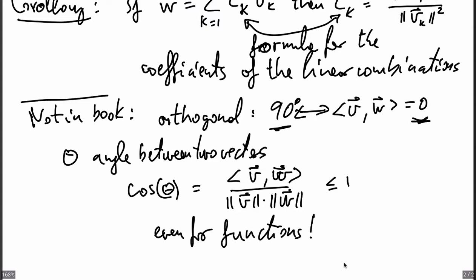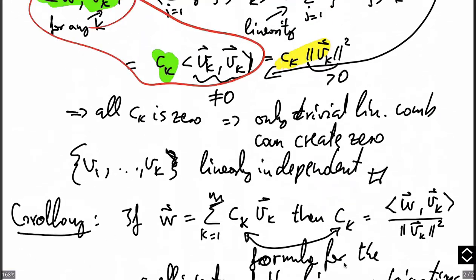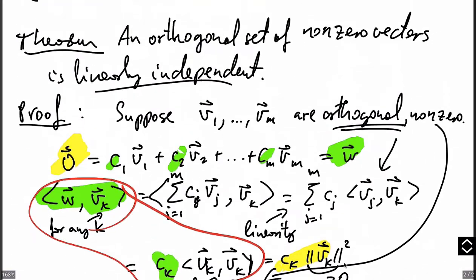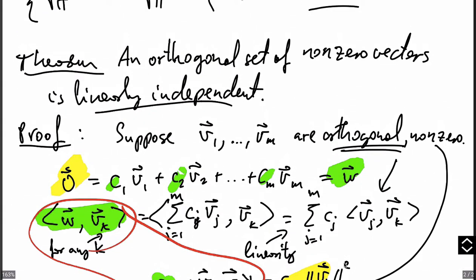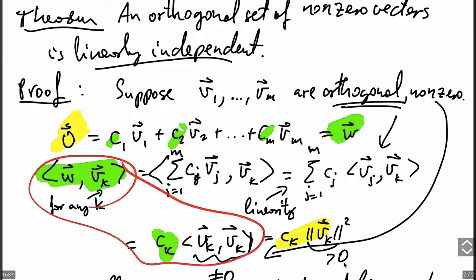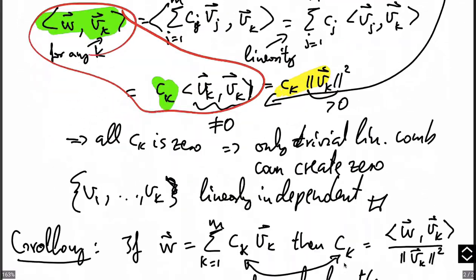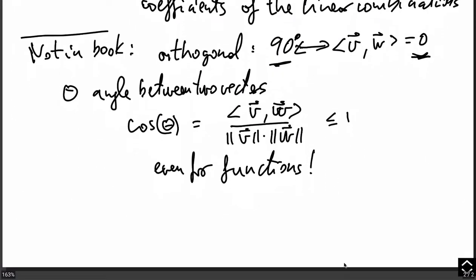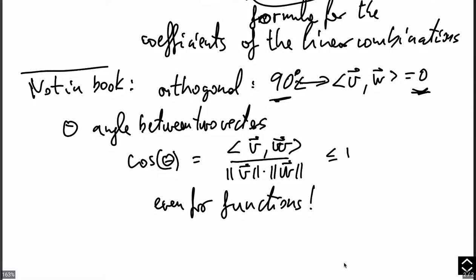We can talk not just about the orthogonality of functions, which might make sense because orthogonality means linear independence. So you might expect that the orthogonality of functions is related to the linear independence of functions. But now, to go a little bit more general, we also have an angle between perhaps abstract vectors.